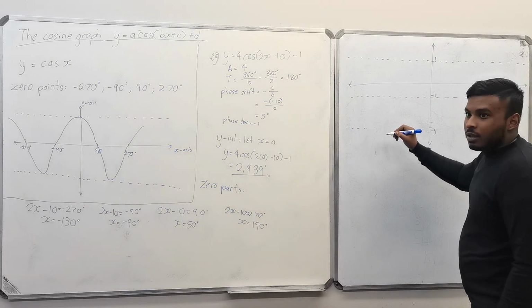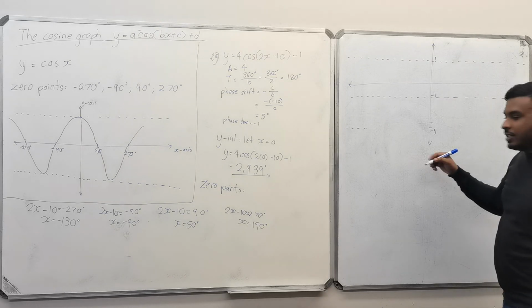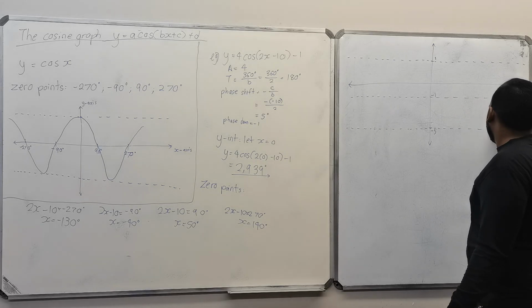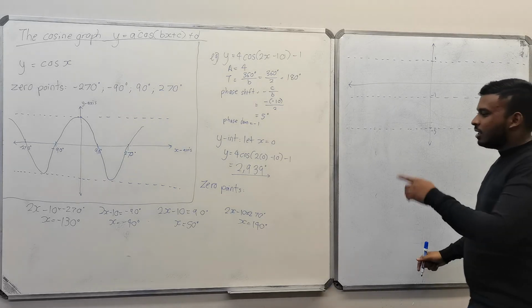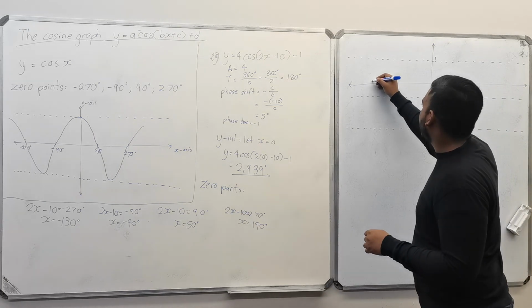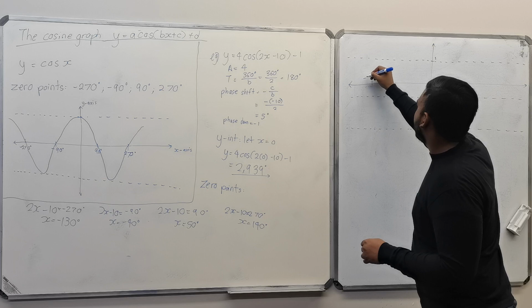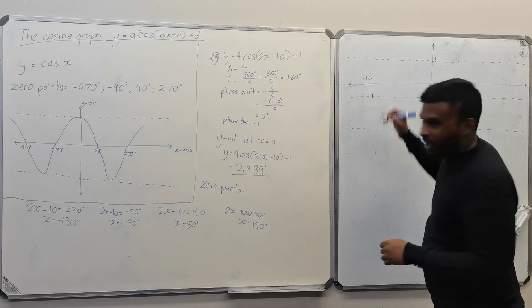So remember above we said plus 4, and then it will be minus 4 below, right? Now the 0 points: where are our 0 points? Negative 130. So a 0 point is there.